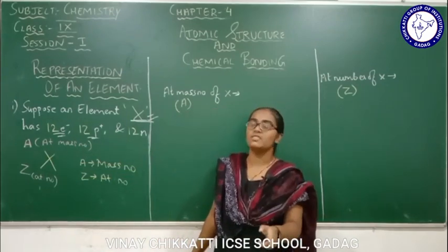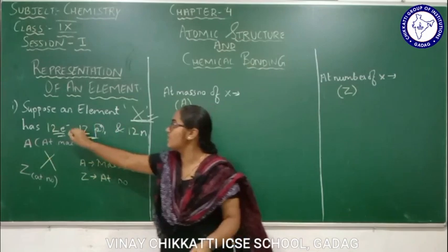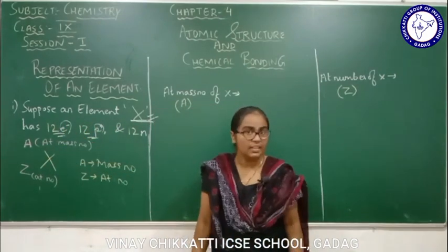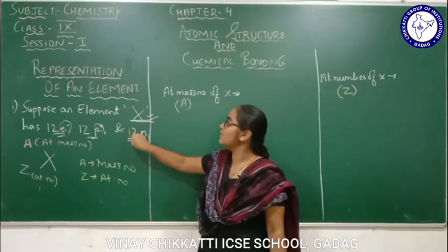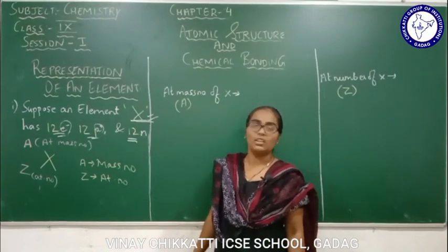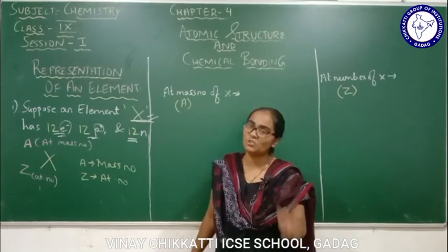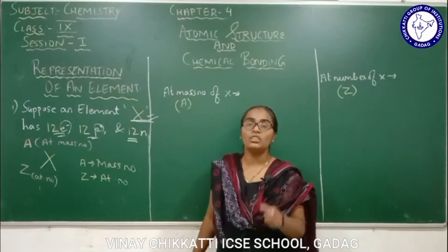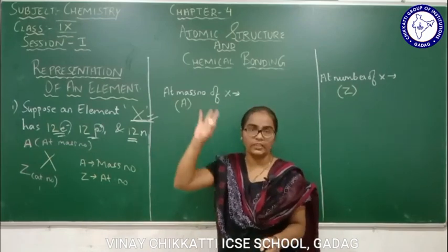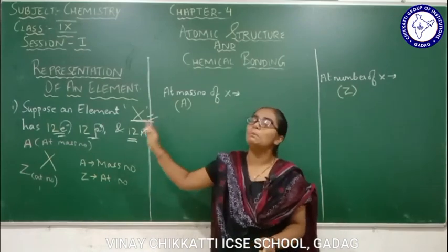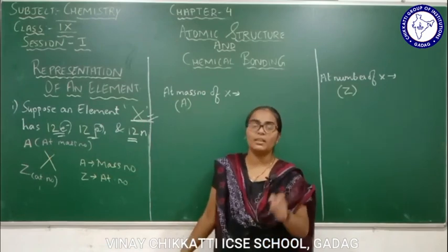How much positive charge is there, that much negative charge will be there, right? And suppose it also has 12 neutrons. Not necessarily will the neutrons also be 12. In some elements it won't be 12. It may be 13, 14, 15, anything like that. But I took the simplest example to make you understand in a better way.